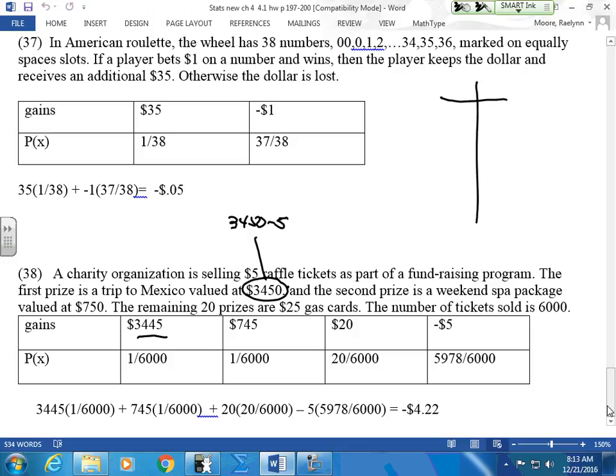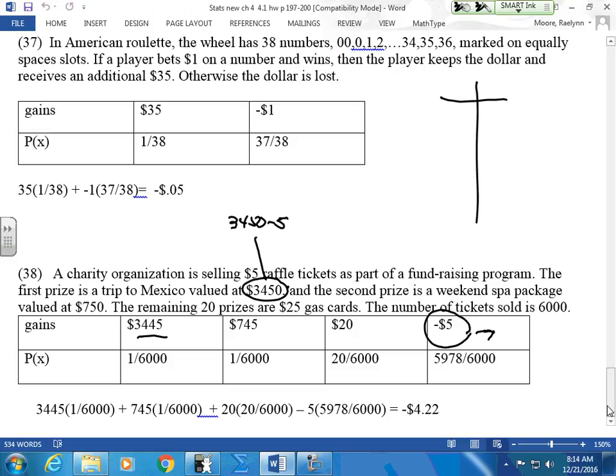Doesn't matter. Then you say, same thing here. $7.50, you make $7.45. That's your net gain. $20, it was a $25 gift card. I only make $20 back. If I don't win anything, I have lost my $5. I have nothing to show for my $5.